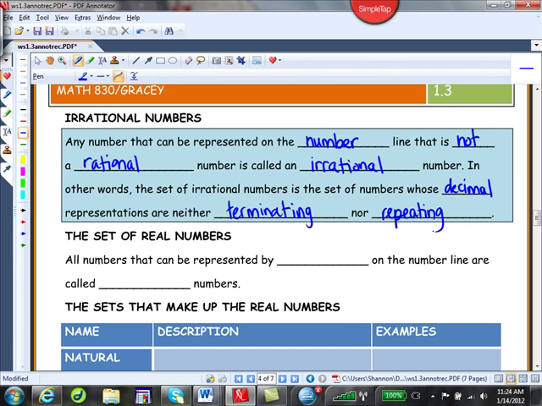Some examples of irrational numbers are pi, the square root of 2. If you go ahead and do that on your calculator, why don't you get your calculator and evaluate the square root of 2. Okay. All right, so let's see what you found. What you probably found is something like this.